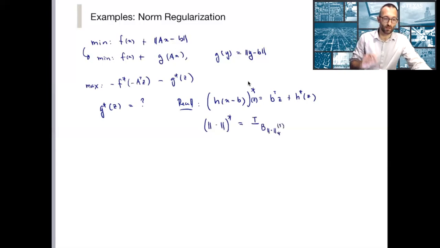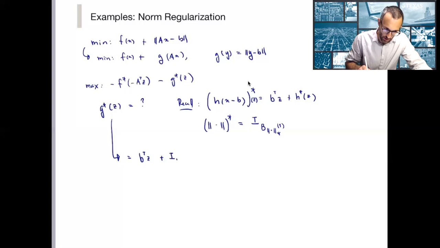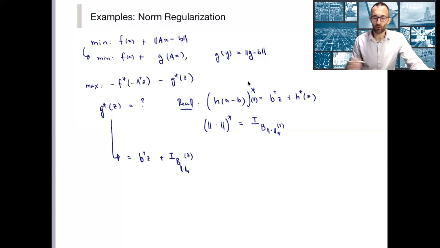So that means that g star of z is equal to b transpose z plus the indicator function of the unit ball in the dual norm evaluated at z. And we don't know anything about f, so we can't simplify this or do anything further.